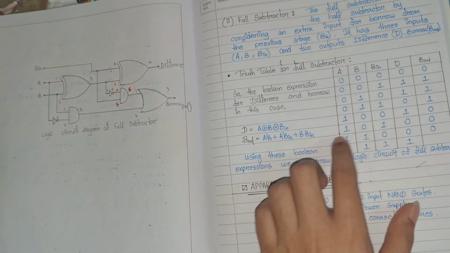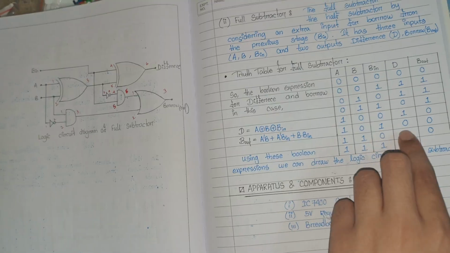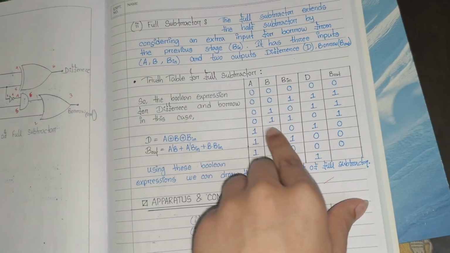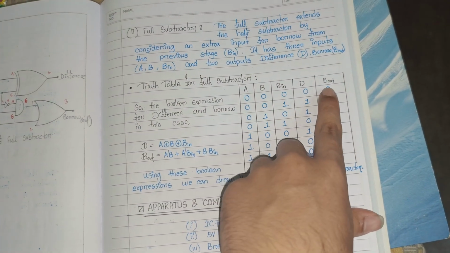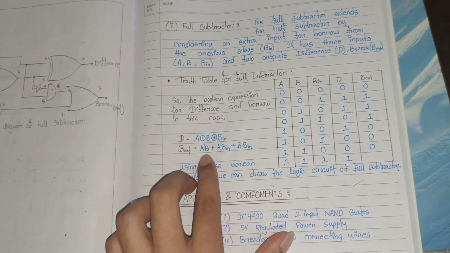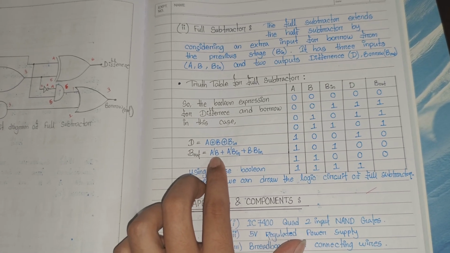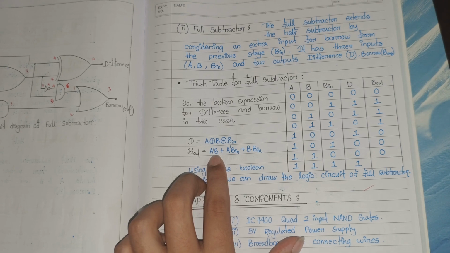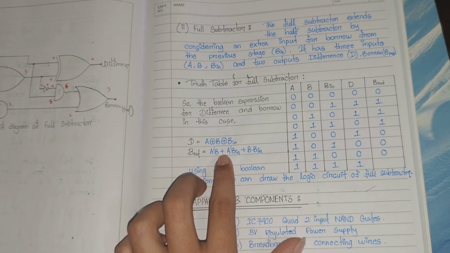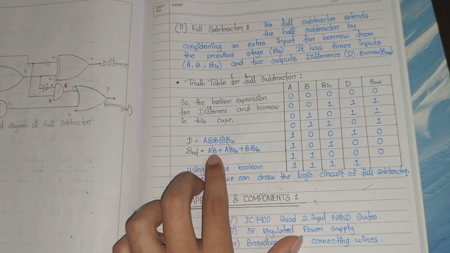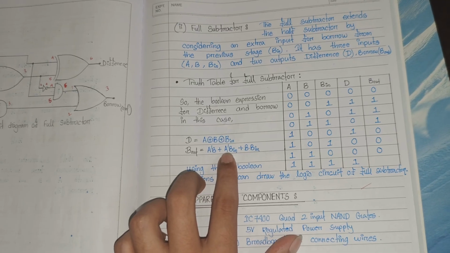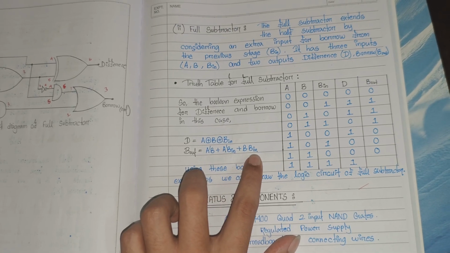So if we look at the truth table and evaluate the boolean expression for the borrow out, we will evaluate that the borrow out has an expression like this, where A bar B plus, we can call it A bar and B, or A bar and B in, or B and B in.